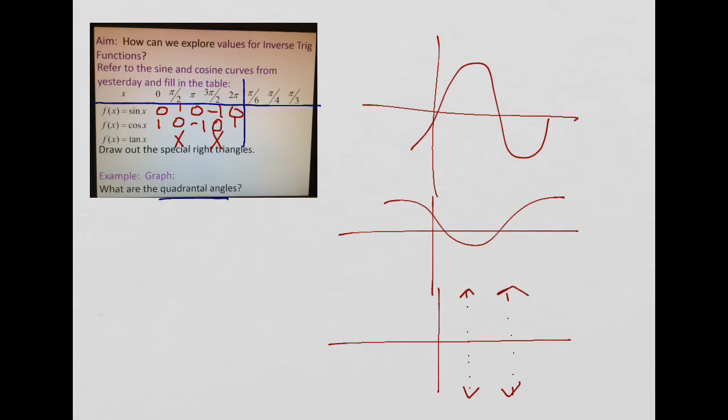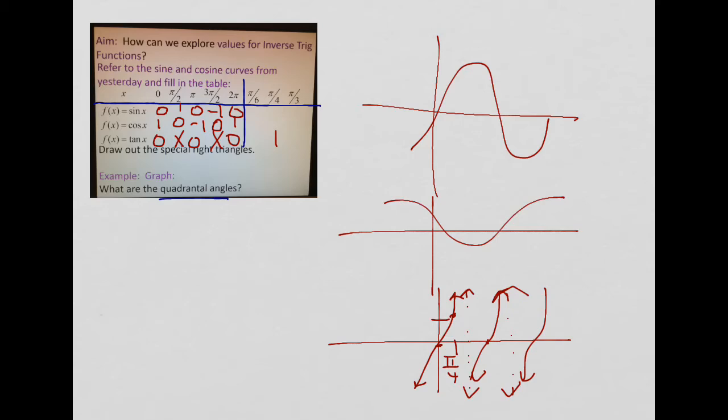I did plot a point at the origin, so the tangent of 0 is 0. And I did a point at 1, 1, but that was for when x was pi over 4. So we don't have an answer for pi over 2, but we do have for pi over 4. And now at pi it is 0 again, and at 2 pi, it's also 0 if we kept going.